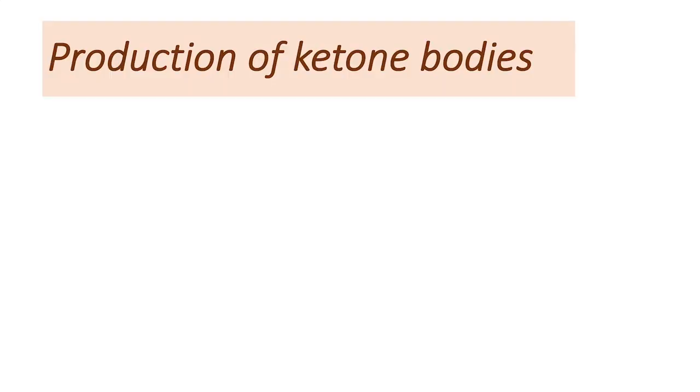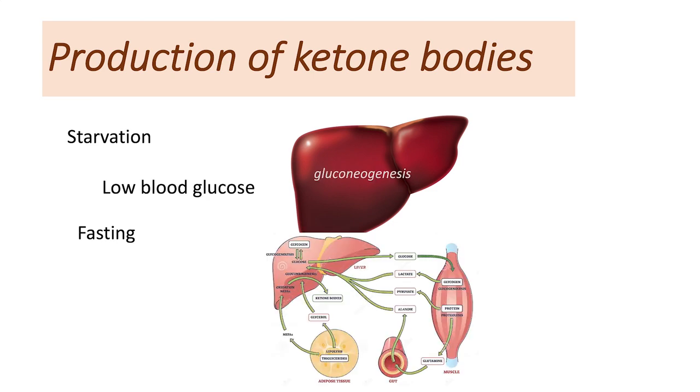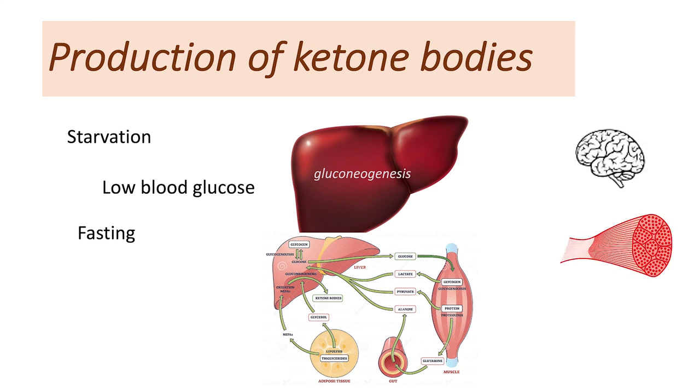So where are ketone bodies produced? All the ketones are substances that are produced in the liver during gluconeogenesis when blood glucose is low, either during starvation or periods of fasting. We know that normally the liver and the brain prefer glucose as a source of energy.